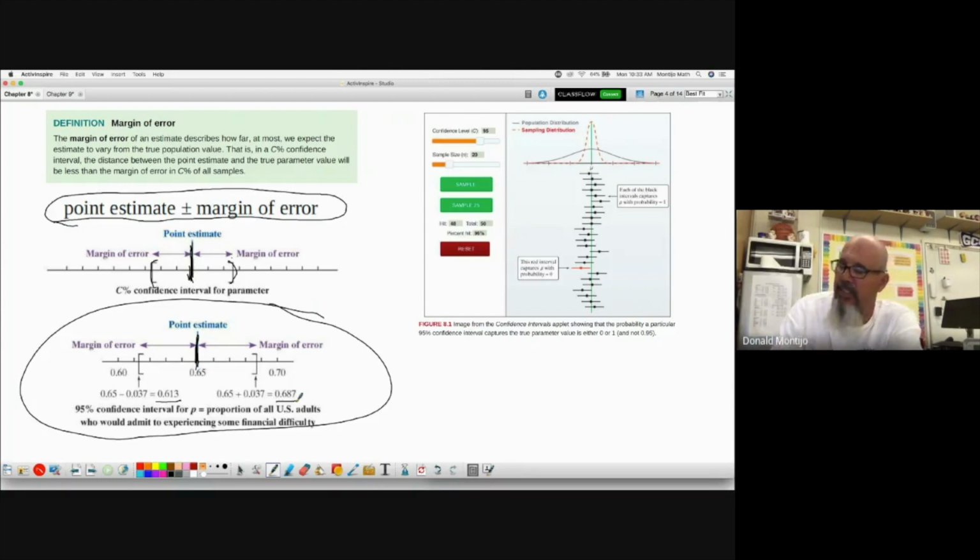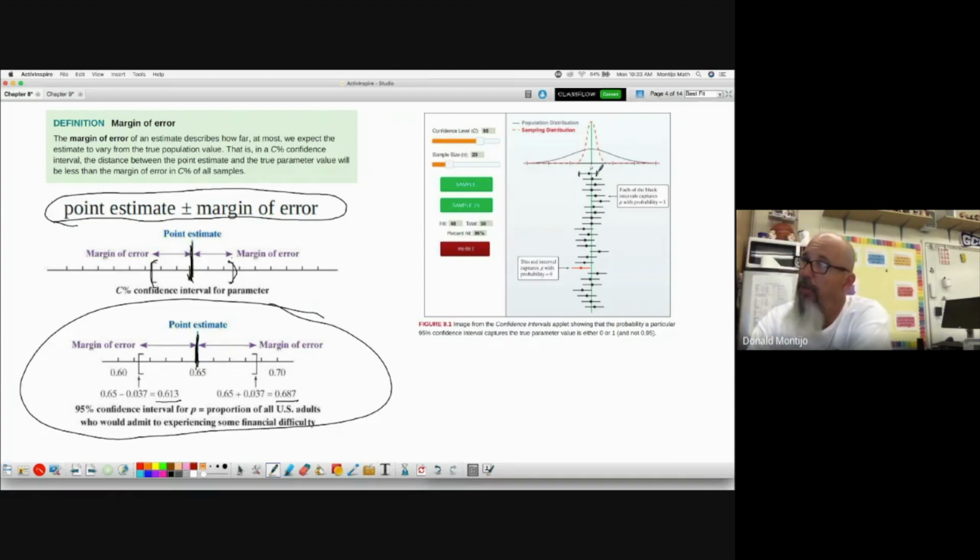And that's what this applet is showing us on the right-hand side. What are we really looking at here? Each black interval, like this first interval, stretches from here to here. The dot is the point estimate, and the width extends on either side.